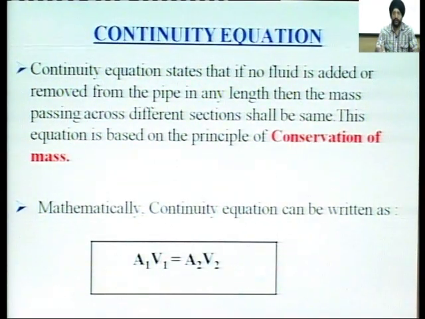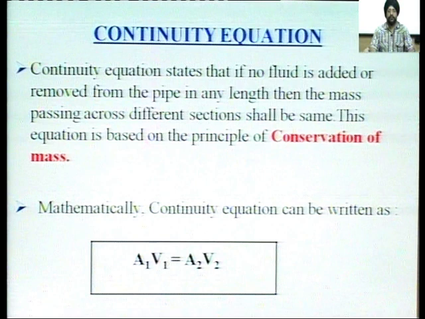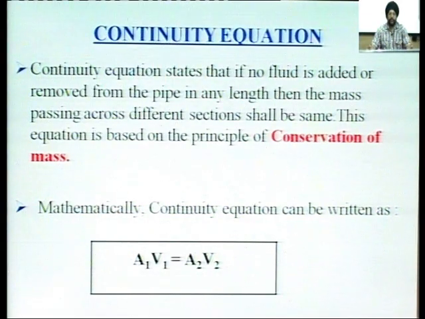Coming to a very important equation called the continuity equation. It is concerned with a very important principle called conservation of mass. The continuity equation states that if no liquid is added or removed from the pipe in any length, then the mass passing across different sections shall be the same.